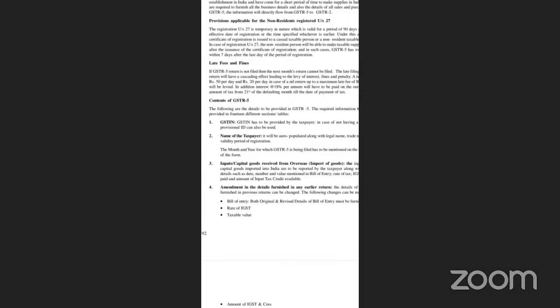So that's the reason why all this is supposed to be mentioned in the GST form, and it is to be filed to the GST common portal, and it is to be communicated. Now this is relating to GST 5. Now GST 6, GST 7. They have given you different categories of people.